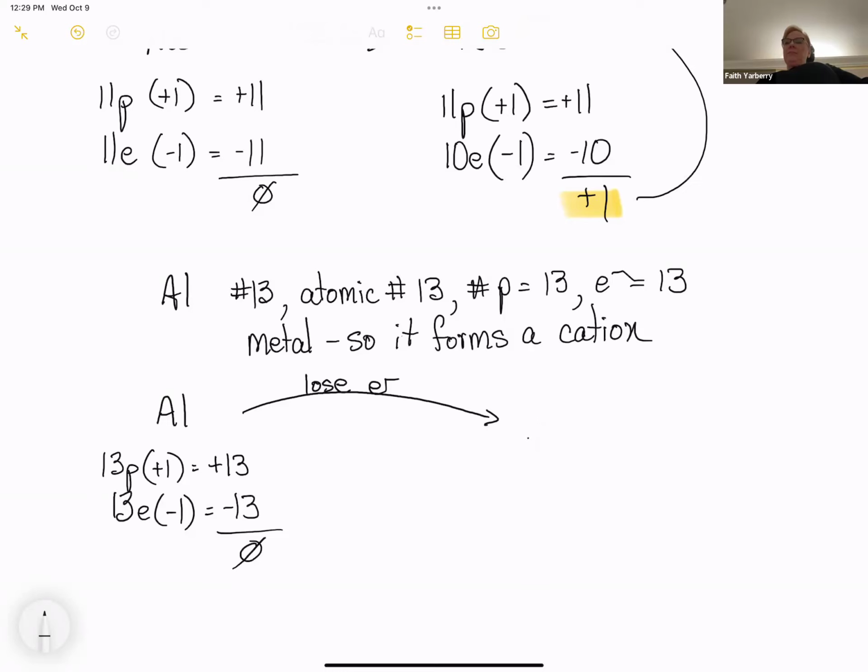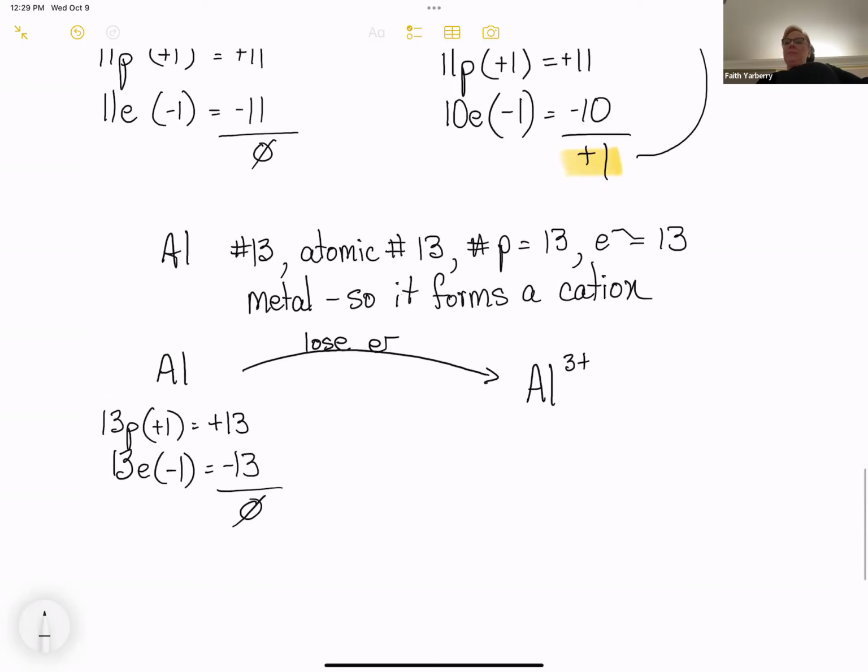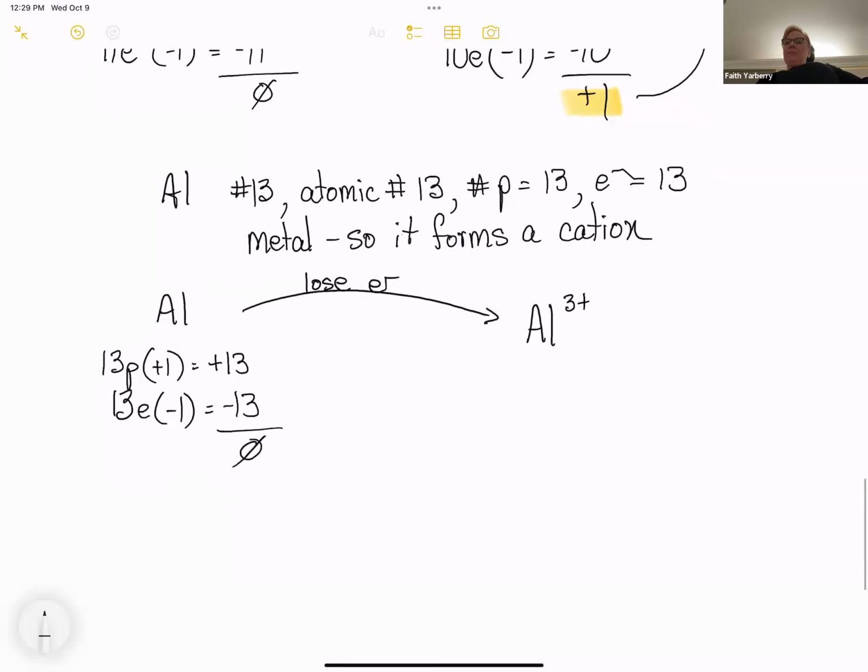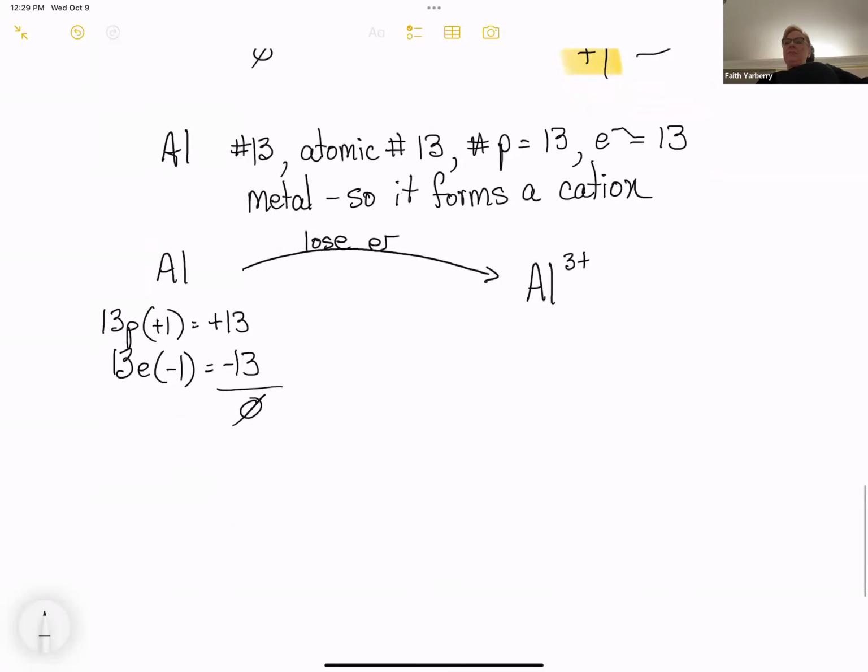Though when we talk about charges, oftentimes we put the number first. So it's a 3+. How many protons will it have? 13. Why? It determines the identity. You cannot change the number of protons ever.